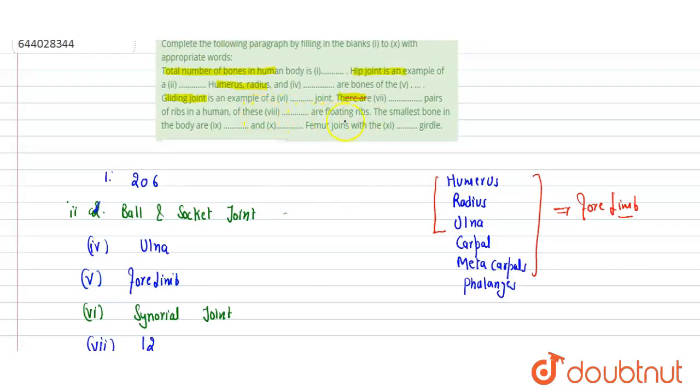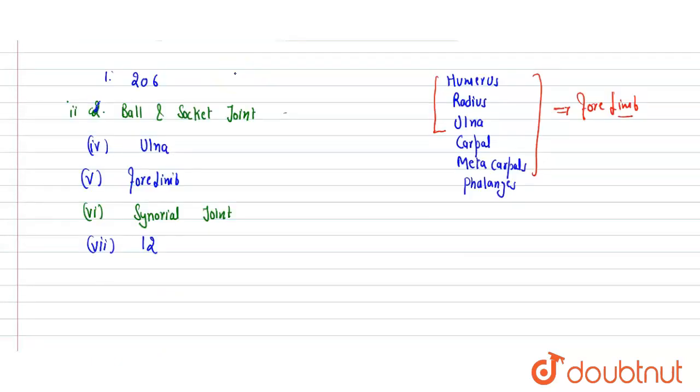Out of these, blank are floating ribs. In the human, the 12 pairs of ribs are divided into three types: true ribs, false ribs, and floating ribs.